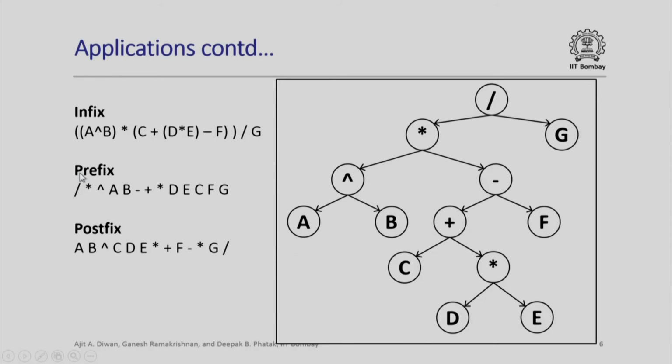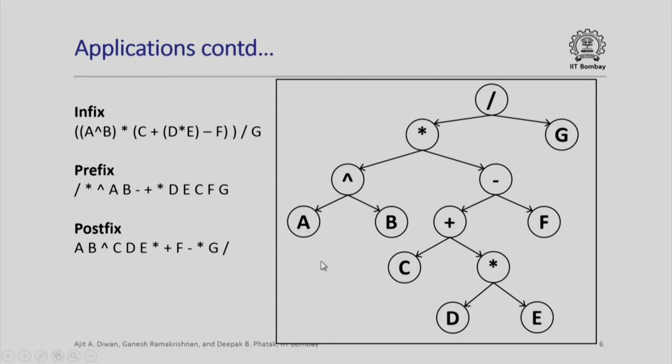The prefix representation of this expression will be like this, and the postfix representation of the same expression will be like this. You will see by doing the in-order, pre-order and post-order traversals, you will get exactly this sequence of symbols coming out from the traversal of this tree.